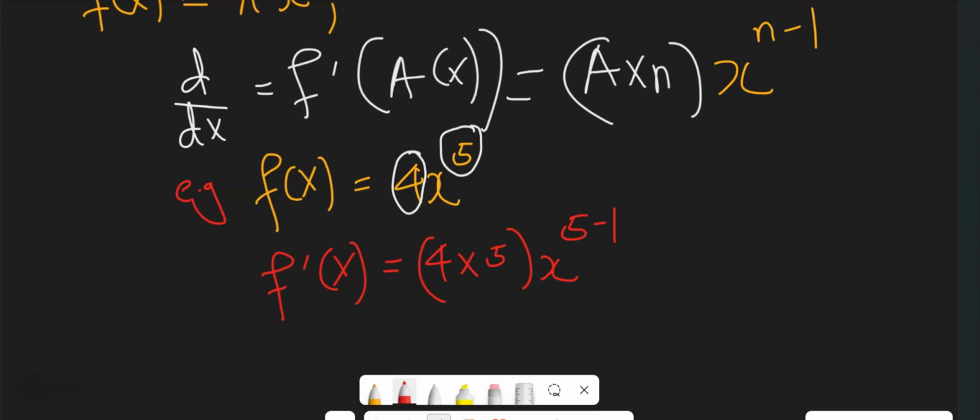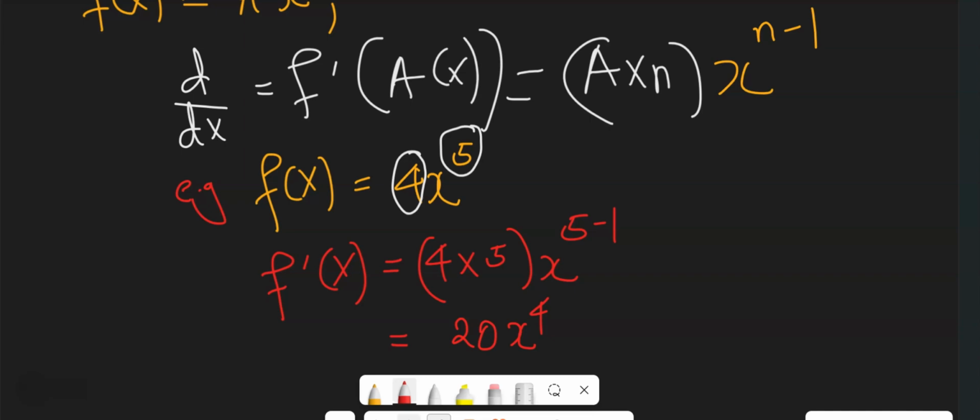It's a simple principle, and this becomes 20x power 4. That is the principle. Anytime you're given a function to differentiate, you should know this is the way to do it. But this is just a general principle. This is the first derivative.